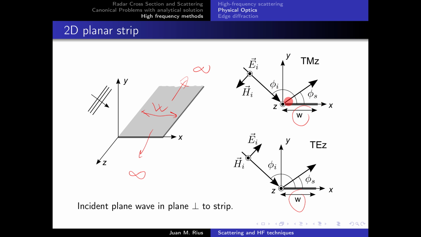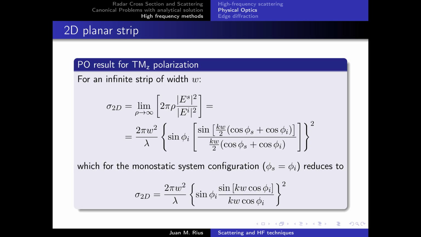The incident field is a plane wave, so you have a progressive phase of the incident field along the plate, the strip, the surface, and this is very easy to integrate. The integral of a progressive phase in a planar region is a sinc function. You already know that. So the physical optics integral is trivial, and this is the result.